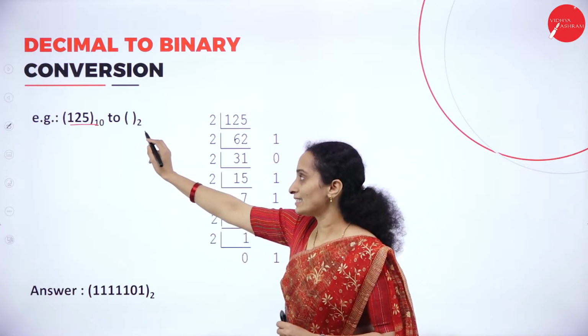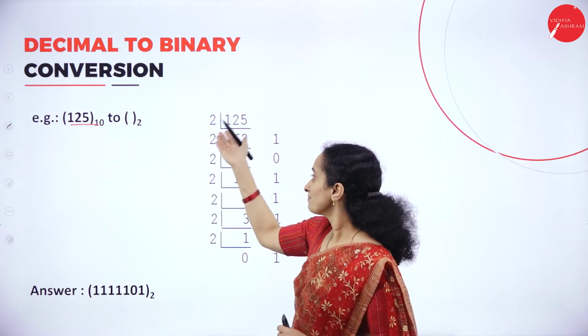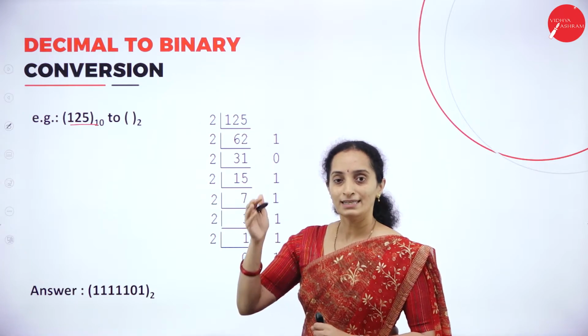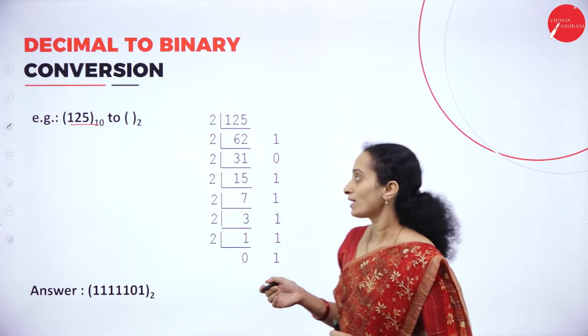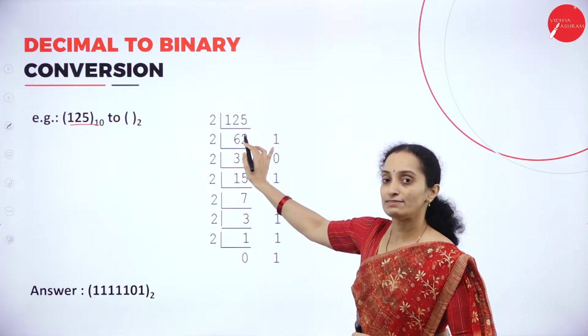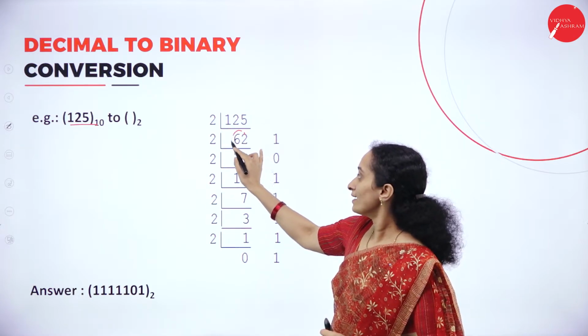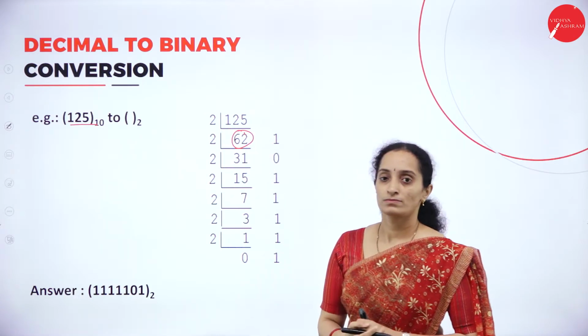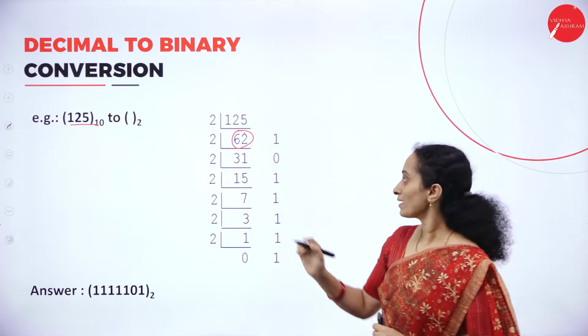That means I have to divide the number by 2. If it is 8, it must be division by 8. If it is 16, division must be by 16. Now I have to convert it to 2, so I will divide the number by 2. I will get the quotient 62.